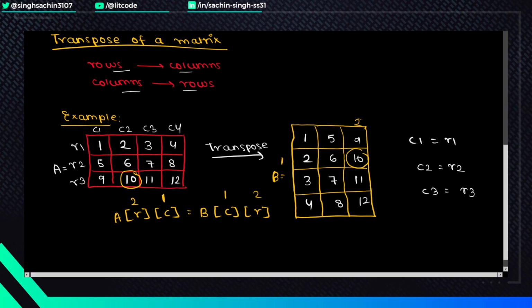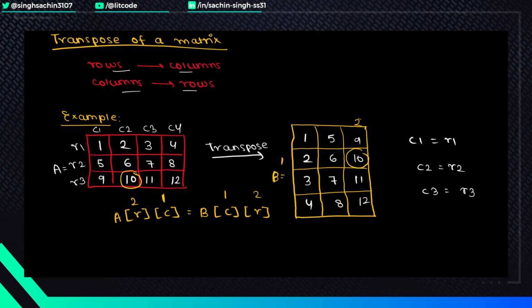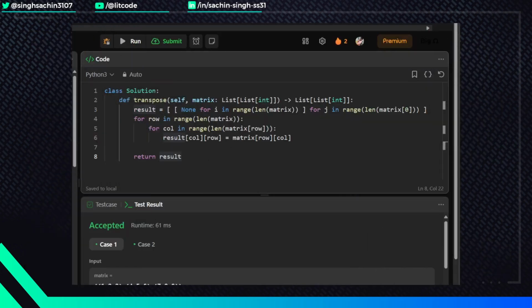Now looking at the code, it will be very simple. I have defined a new resultant array, and I have just initialized everything with None. The only catch over here is that the number of elements in each sub-array will be equal to the number of rows.